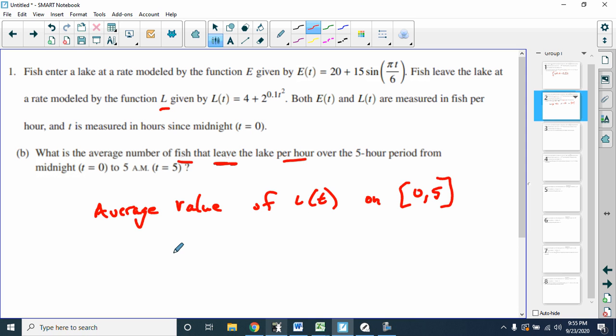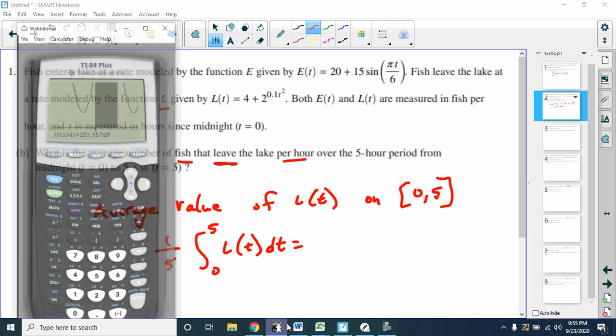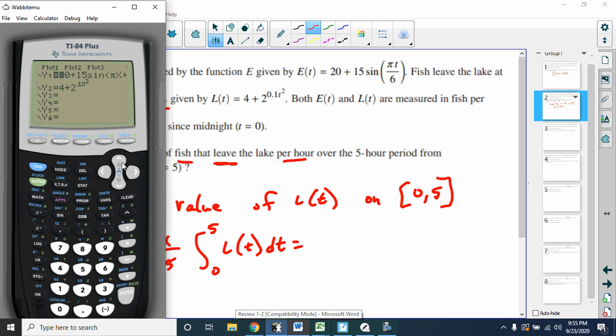To find an average value is 1 over b minus a times the integral from a to b of the function dt. So we want L of t instead of E of t. Turn E of t off and L of t on.